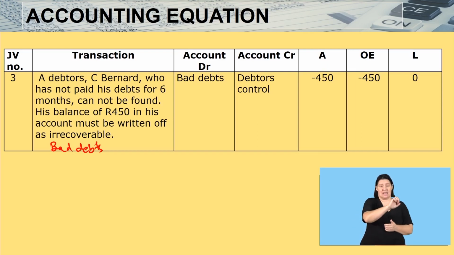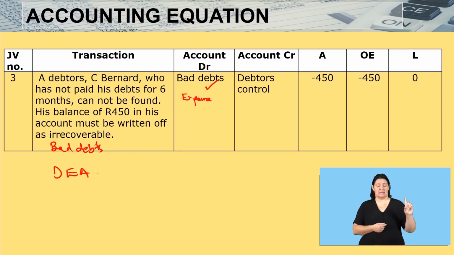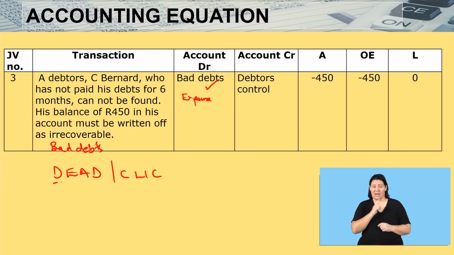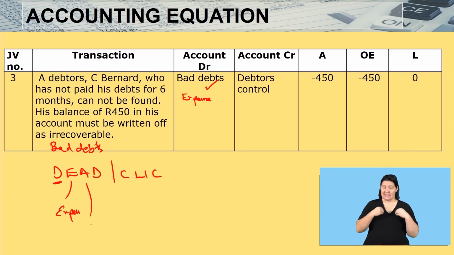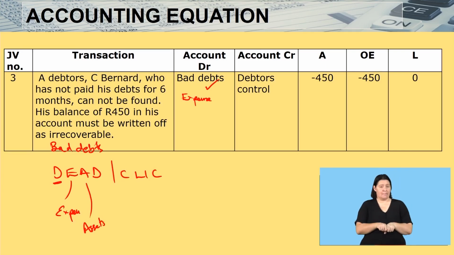Debit click, remember, debit click, that means we're going to debit our expenses. So we debit bad debts because it is an expense. When we do the debit click, here is the debit click. The debit click, we debit all expenses, assets, as well as drawings.